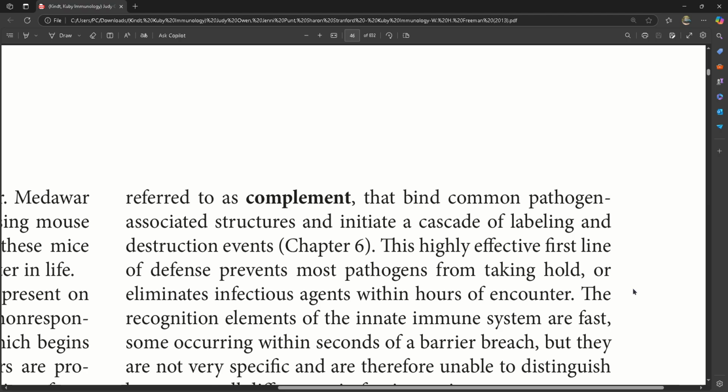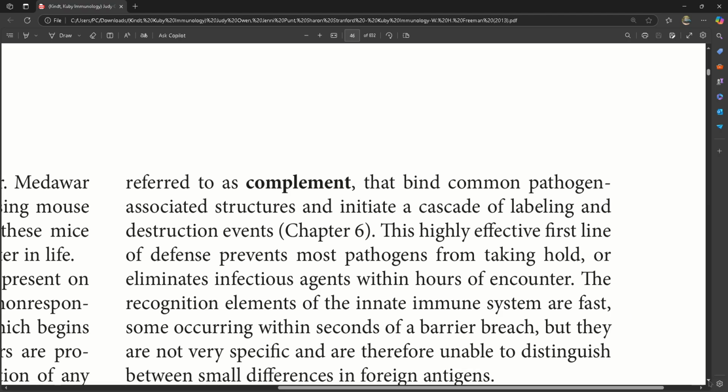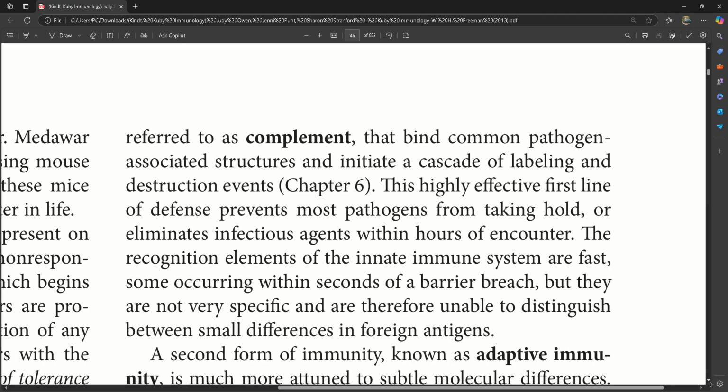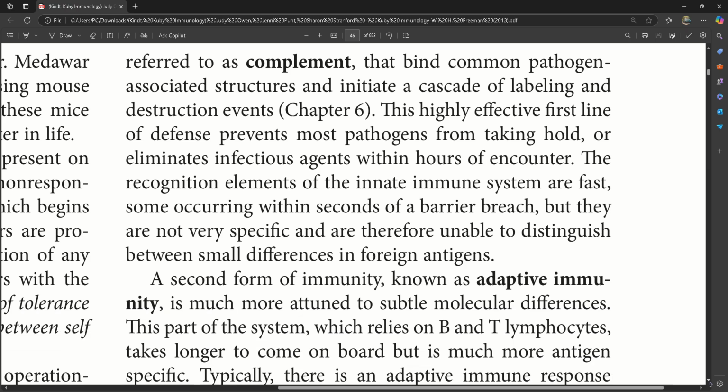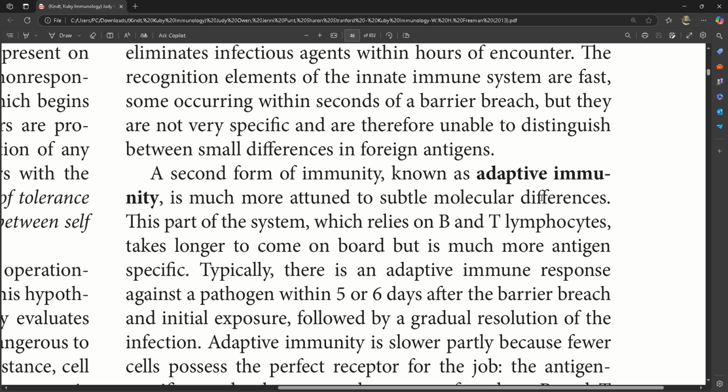So the recognition elements of the innate immune system are fast, some occurring within seconds of a barrier breach, but they are not very specific and are therefore unable to distinguish between the small differences in foreign antigens.